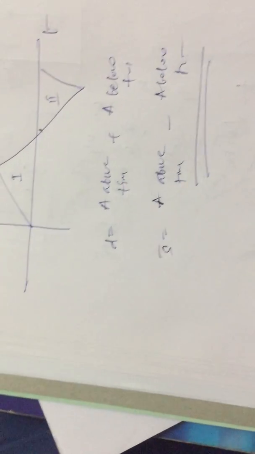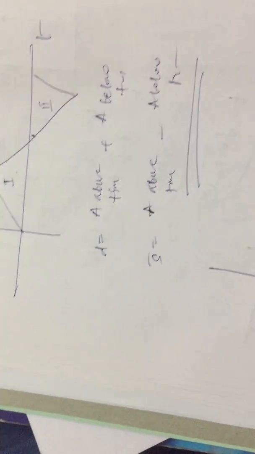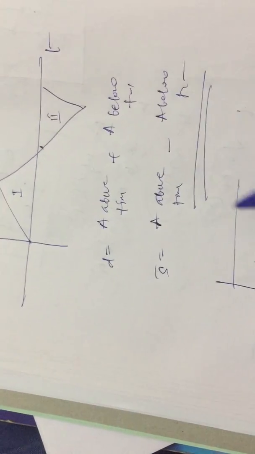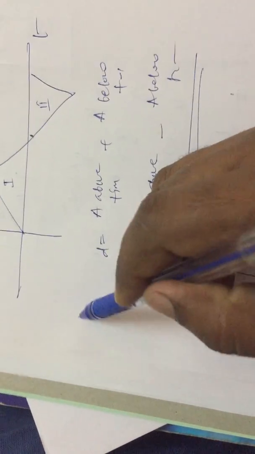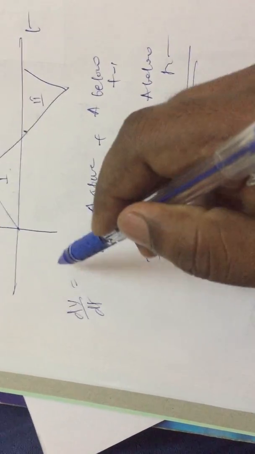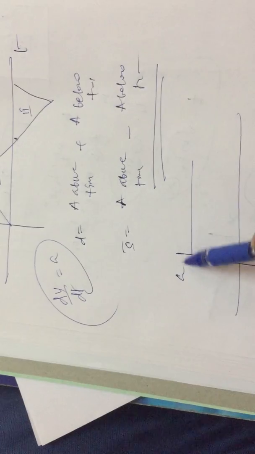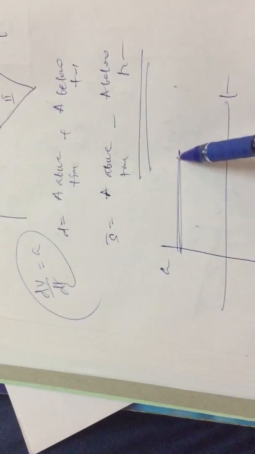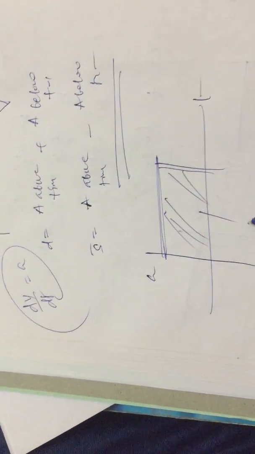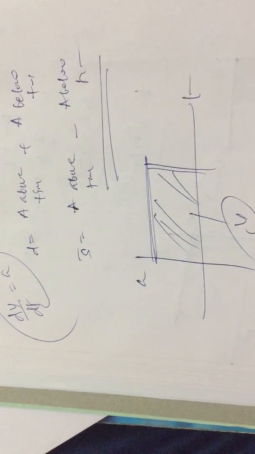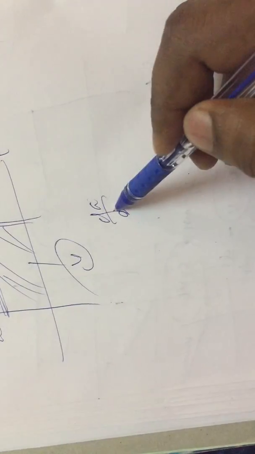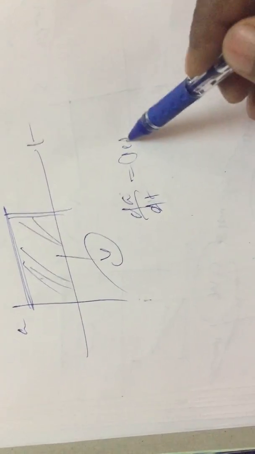This is displacement. And next, for the acceleration graph, the slope of the vt graph, dv by dt, equals acceleration. The area under the acceleration graph is velocity. The slope of acceleration is jerk.